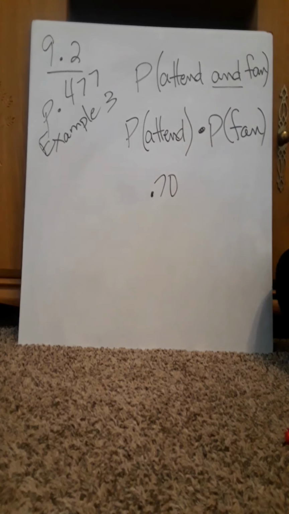Notice that when we write a value that is a percentage, we always change it into a decimal. So we need to change that 70% into its decimal form. Always change percentages into decimals when you're working with them. So we're going to write that as a 0.70. Now we're going to multiply that by the probability that they are a fan.